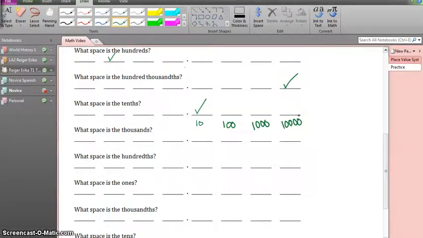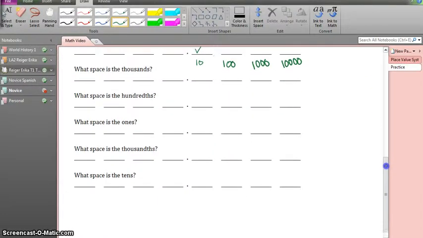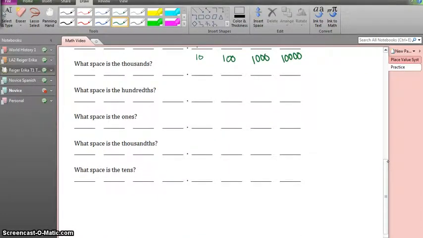Okay, which space is the thousands? This space is the thousands because when you go left, you go ones, tens, hundreds, thousands. I was thinking about when you went to the right. So you go left 4 times because it goes ones, tens, hundreds, thousands.